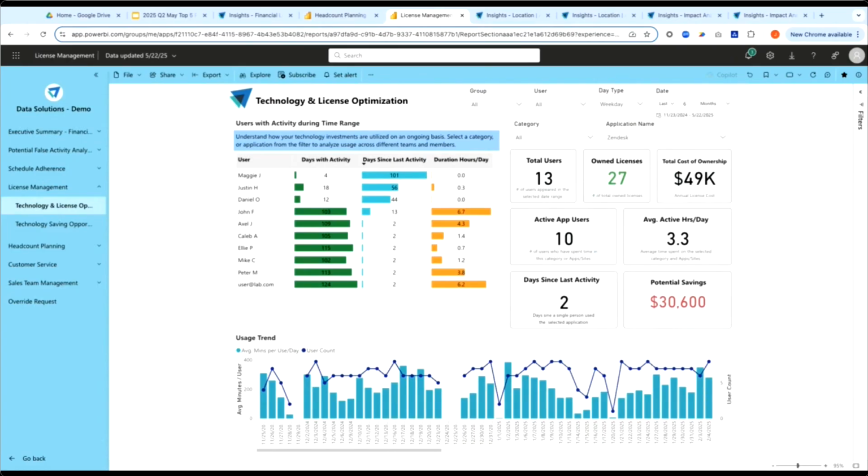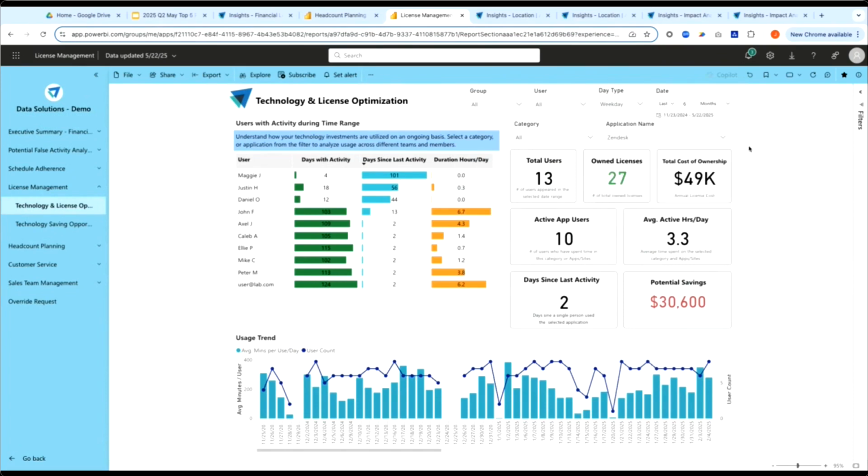Here's the example of the technology license optimization BI solution, where you very simply get a chance to select which of the different tools in your enterprise you want to analyze. You add the number of licenses and the cost to that in this particular solution. That's a data set that you provide and combine with us.